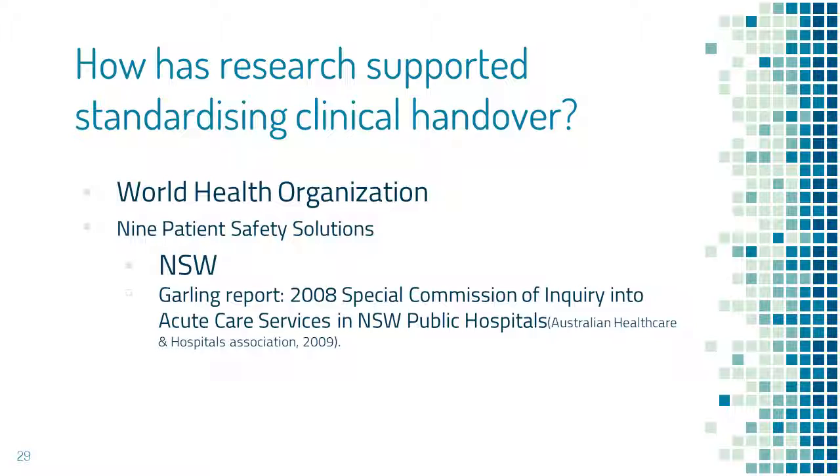In 2008, the Garling report recommended a system-wide improvement in clinical handover policies in New South Wales health facilities. The Australian Commission on Safety and Quality in Healthcare introduced the Australian Guide to Clinical Handover Improvement and the National Safety and Quality Health Service Standards, which involved clear guidelines and standards for clinicians and healthcare workers to perform safe handover practices.